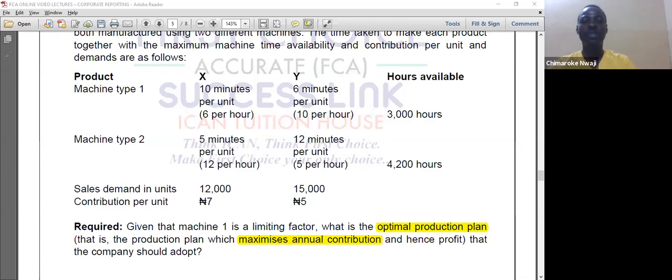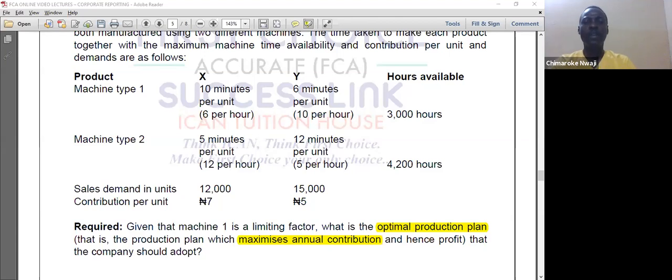So 7 divided by 10 means our scarce resource is giving us 0.7 naira in 1 minute. If you apply the same technique here, 5 divided by 6, you get 0.83. This is giving us a contribution of 0.83 naira per minute.